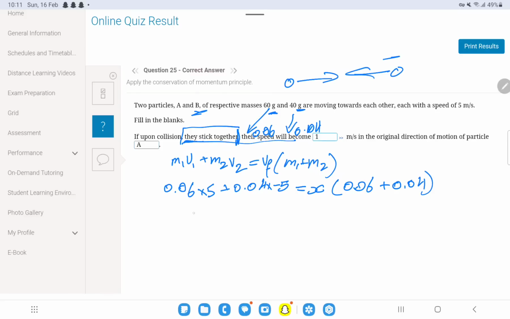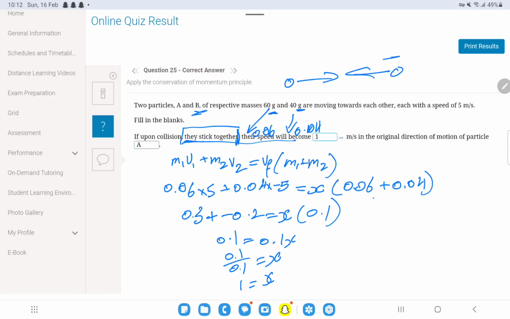So 0.06 times 5 is 0.3 plus 0.04 times minus 5 is minus 0.2 equals x times 0.06 plus 0.04, which is 0.1. 0.3 minus 0.2 is 0.1 equals 0.1x. 0.1 over 0.1 equals x, and 1 equals x.